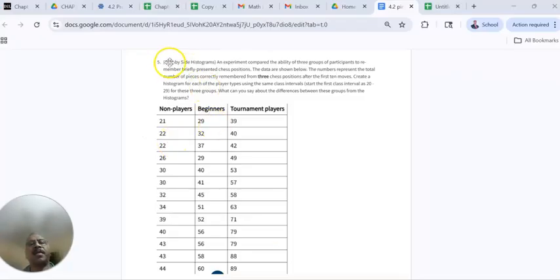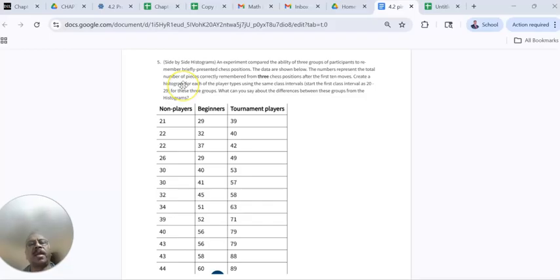So question number 5 said, side-by-side histograms and experiments compare the ability of 3 groups of participants to remember briefly presented chess positions. The data shown below. The numbers represent the total number of pieces correctly remembered from three chess positions after the first 10 moves.